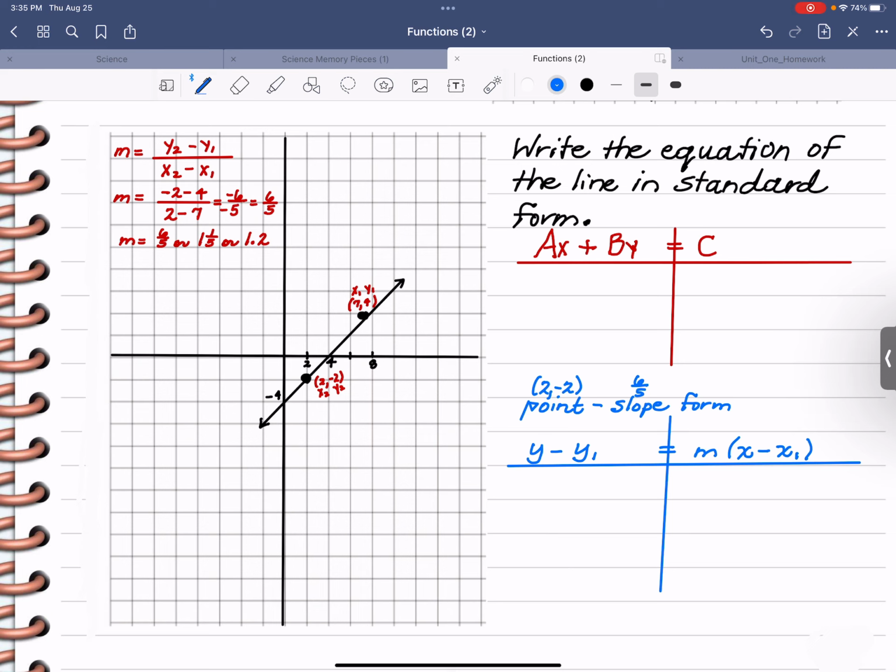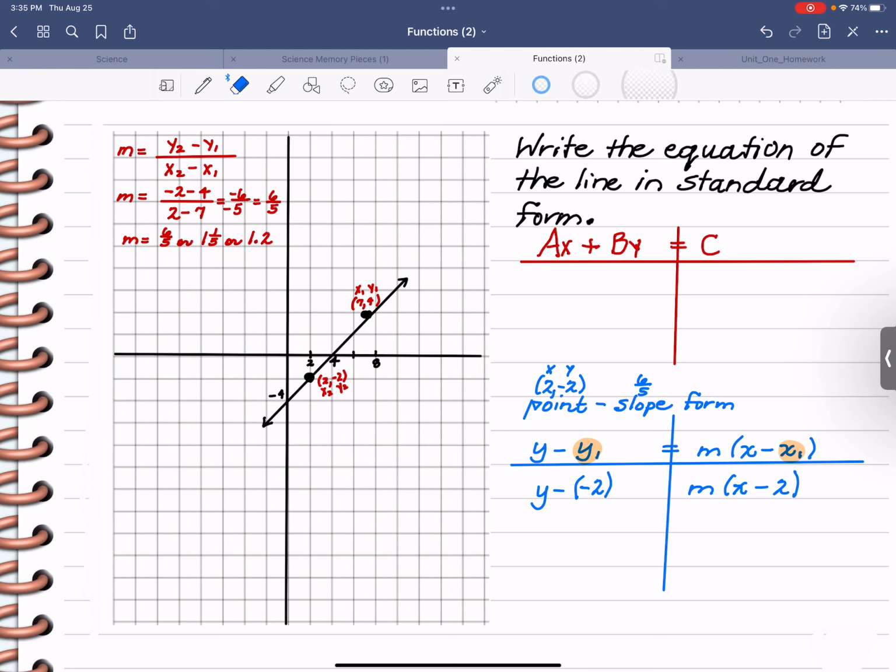So let's plug in what we know. Here is x and y, but remember we use those subscripts for substitution. So we would have the -2 for the y. And then the x would be +2.